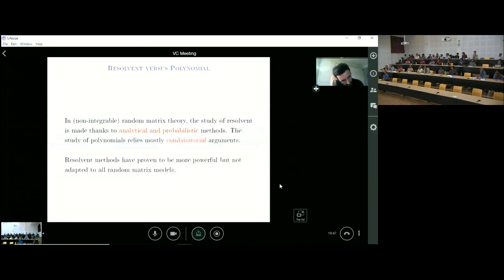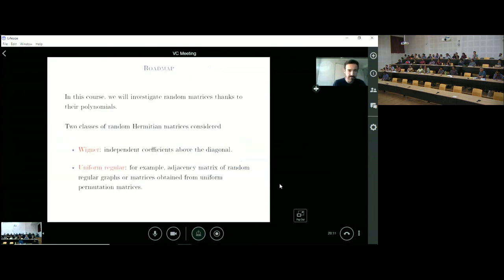And I said that powers are kind of old-fashioned because in the standard random matrix models, the resolvent methods have been proved to be much more powerful than the type of result that you could obtain with polynomials.